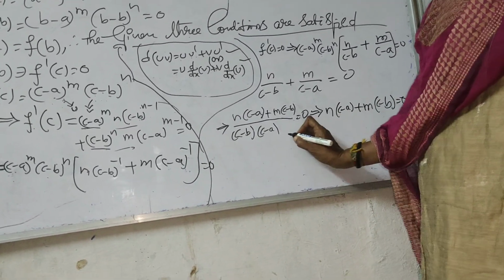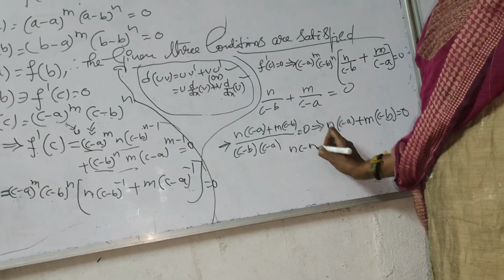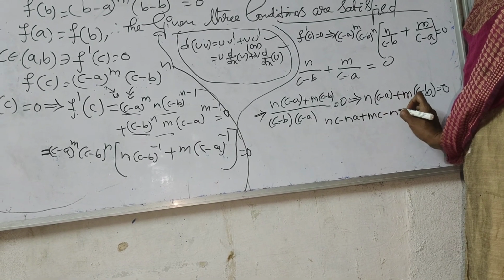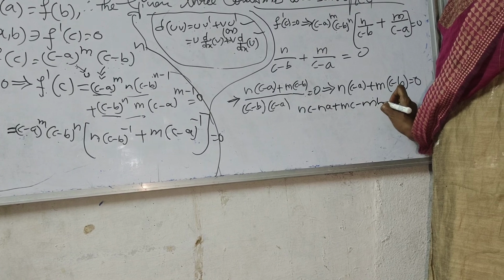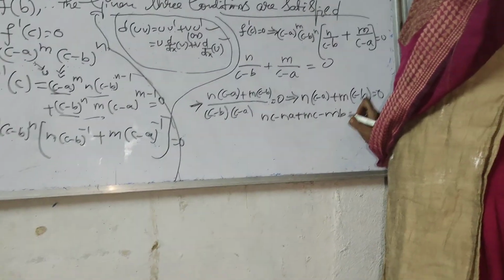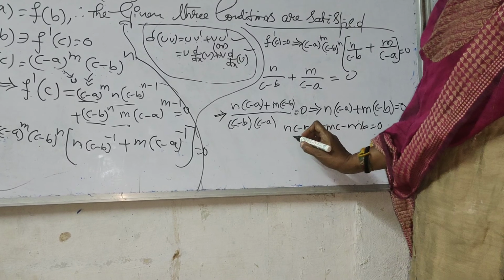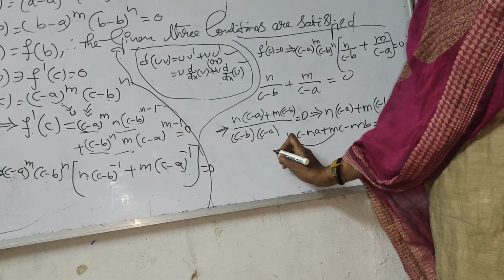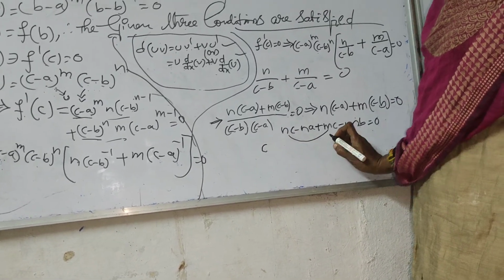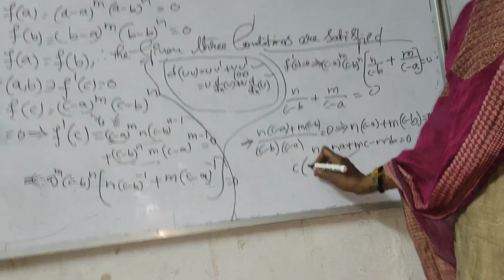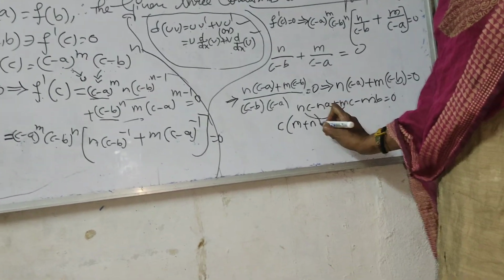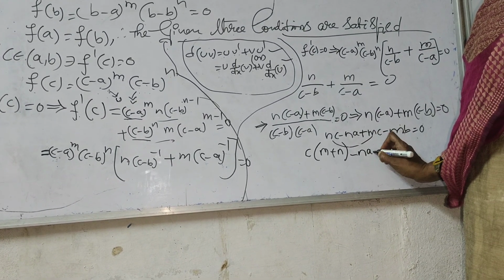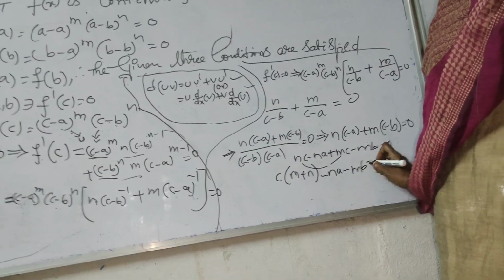This is nc minus na plus mc minus mb equals 0. In these two terms we take out the common c, so c into m plus n minus na minus mb equals 0.